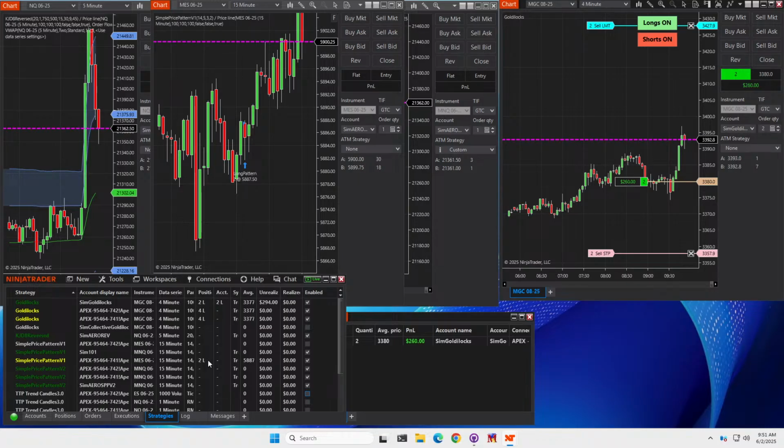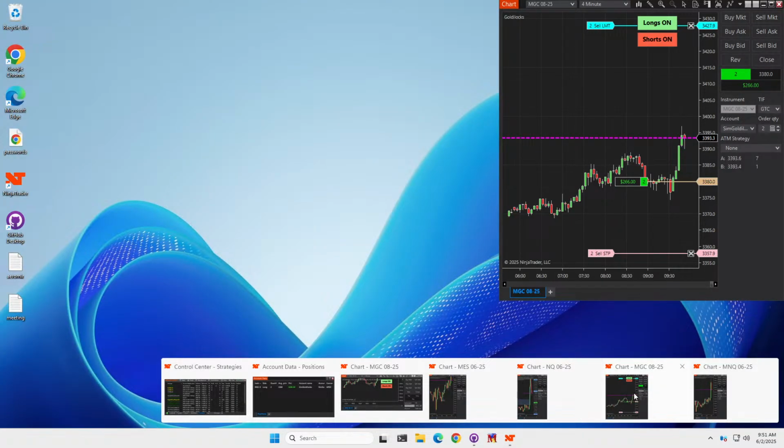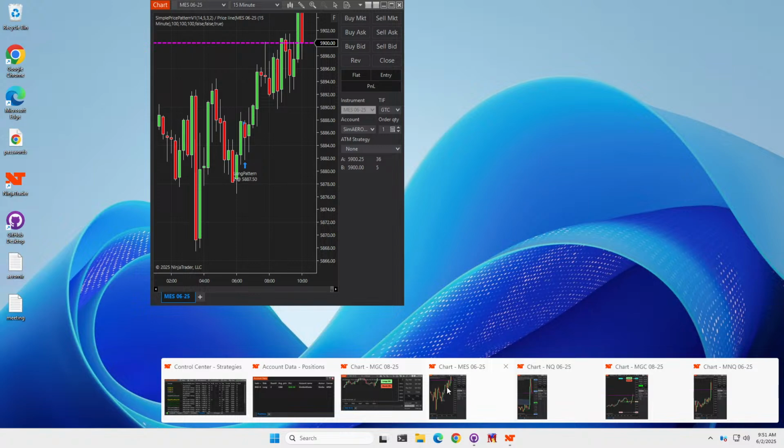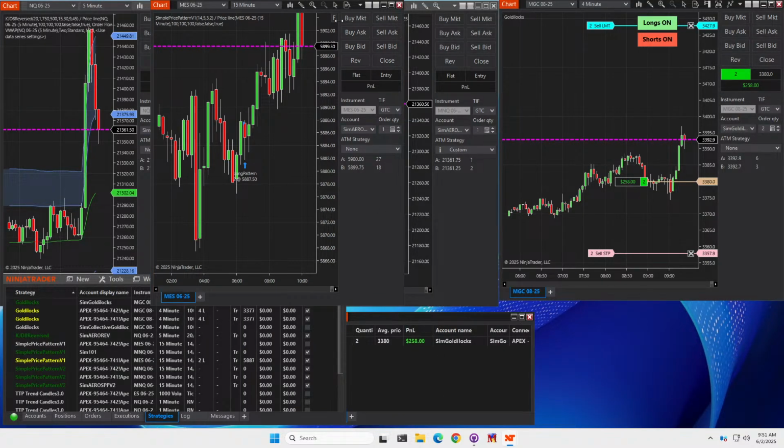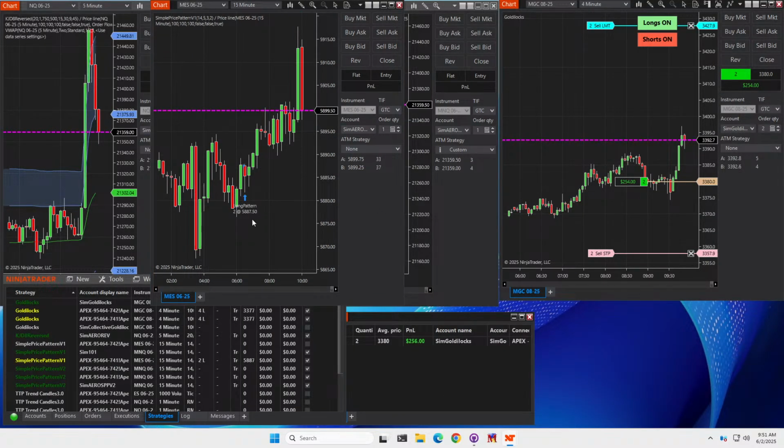Oh, it's a simple price pattern, huh? It's log 2 by ES. ES chart, here it is. I don't see this log 2. Oh yeah, from here. And we're just hitting view up right now on ES.